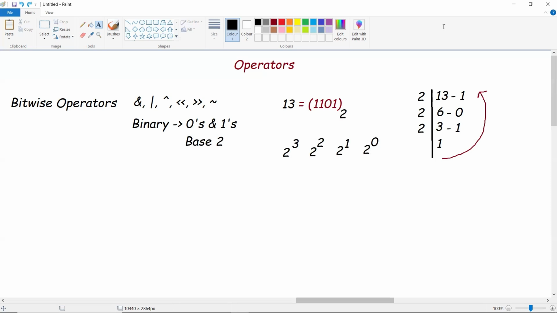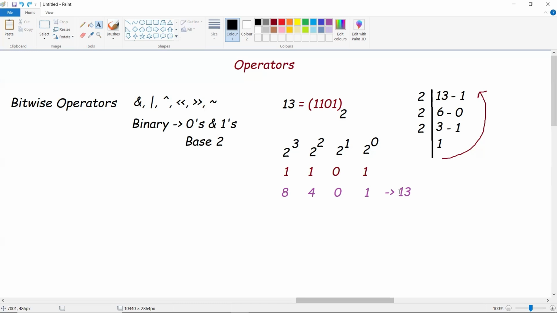Now 1 into 2 power 3 would be 8. 1 into 2 power 2 would be 4. 0 into something would be 0. And 1 into 2 power 0 would be 1. So 8 plus 4 plus 0 plus 1, the answer is 13. This is how we convert the decimal value 13 into binary and cross validate the binary value back into decimal.